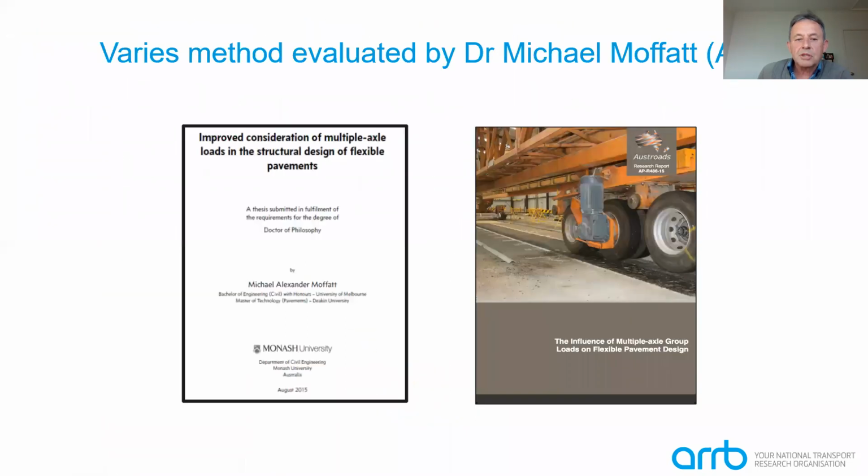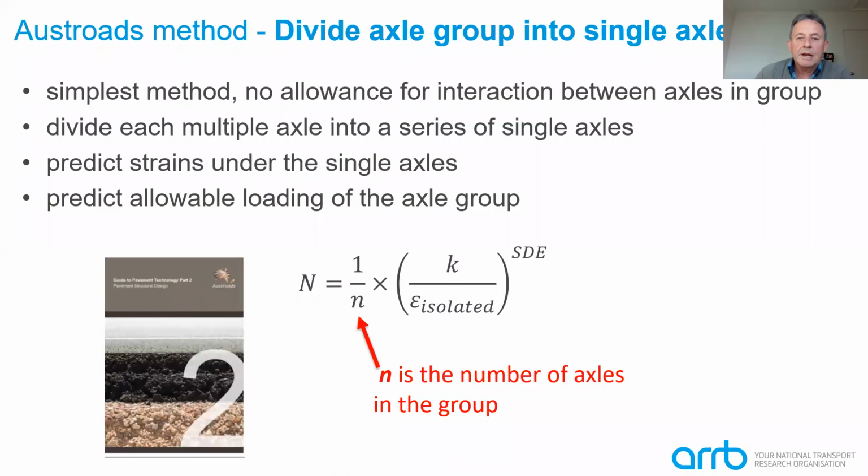So that was addressed, as I mentioned, in Michael's thesis. He looked at various options and we ended up saying we'll adopt a simple method and also a more conservative approach by looking at the strains under isolated axles rather than allowing for the interactions between the axles in the group.